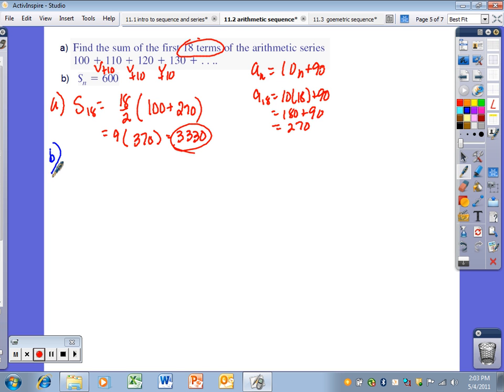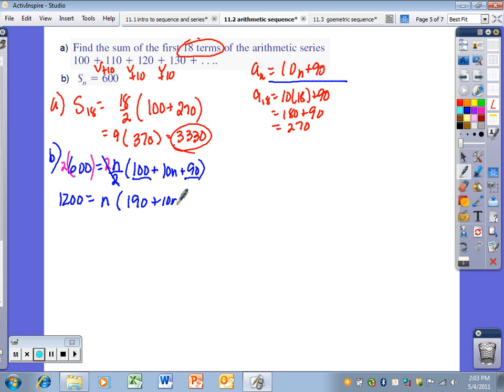Part B says, well, what if I give you the sum? How many terms is it? Well, my sum was 600. I don't know how many terms. The first term is 100 plus the last term. I don't know, but I have this expression, 10n plus 90. Multiply both sides by 2. And I get 1200 equals n times 190 plus 10n.